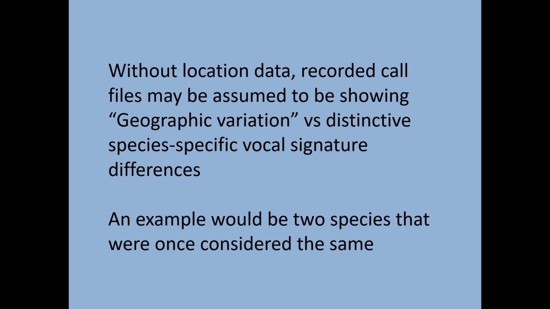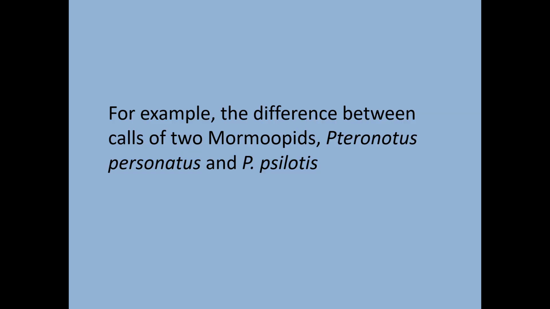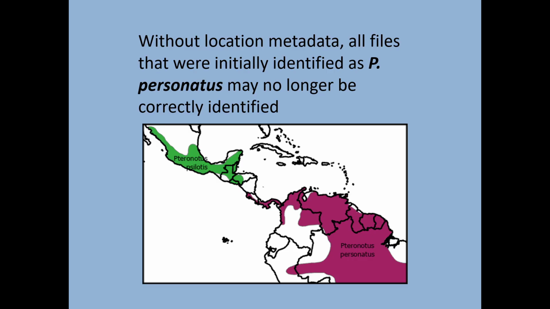An example would be two species that were once considered the same, for example two small mormoopids, Pteronotus personatus and Pteronotus psilotus. At one time, they were all considered personatus. Now we know all records from northern Central America are psilotus, and everything from South America is personatus.